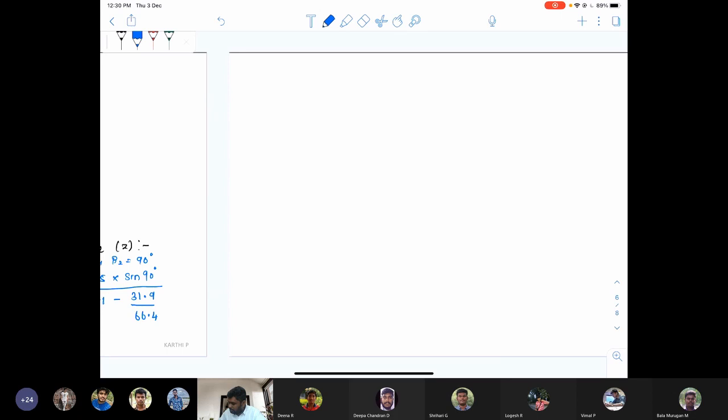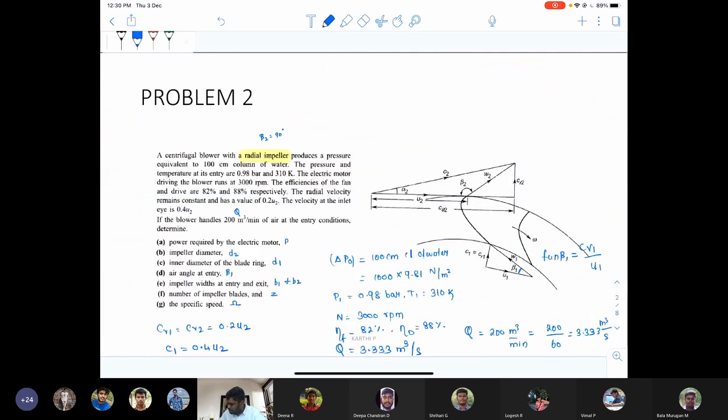Next, the last subdivision is the specific speed. The specific speed is given by omega.